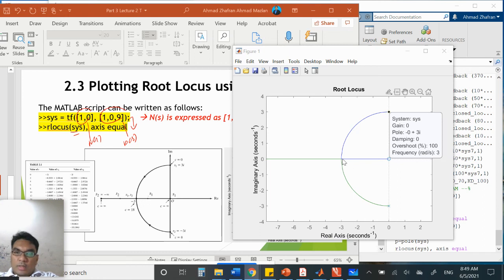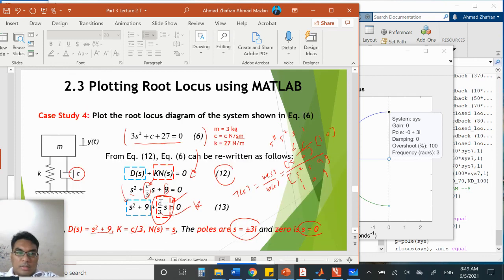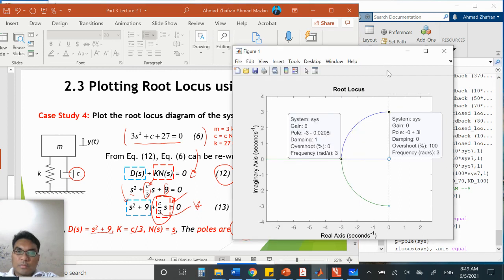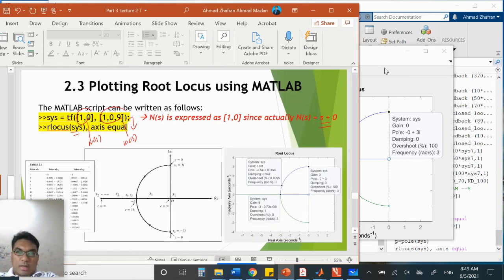Going to the critically damped point here, you can get the value of gain equal to 6, because in these equations the C you determined previously is 18 divided by 3, equal to 6, and the damping equal to 1 is critically damped.